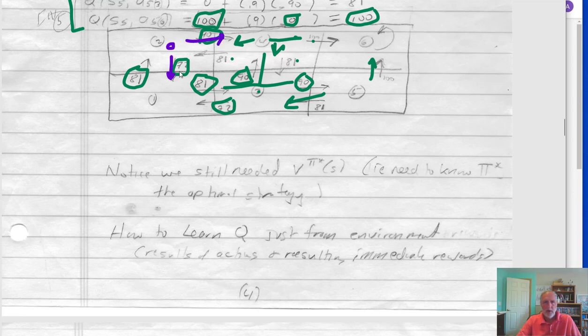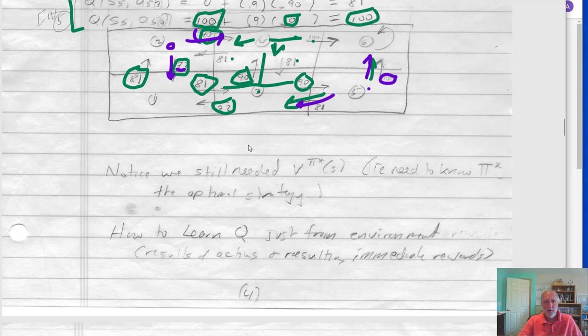The q for going down is 72. The q for going over is 90. So it's real clear that going over and collecting 90 is the best. How about state 5? You can go up with a q of 100, or you can go over with a q of 81. Obviously the best way to go is up.